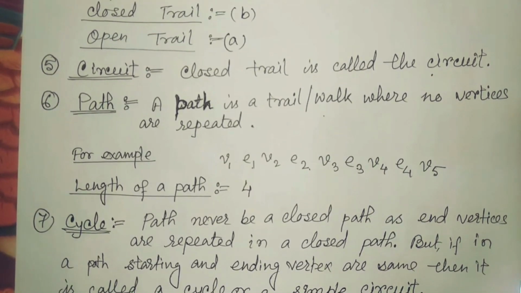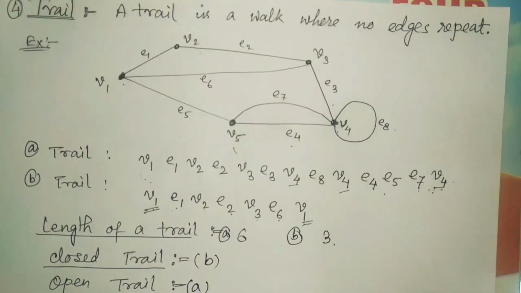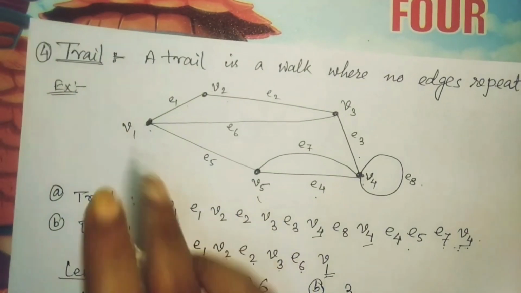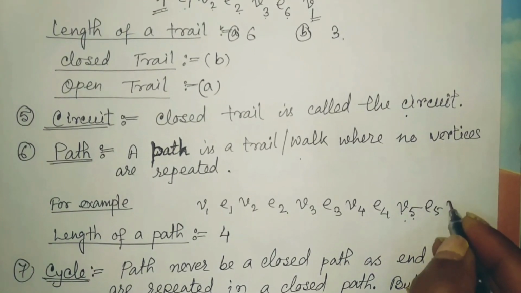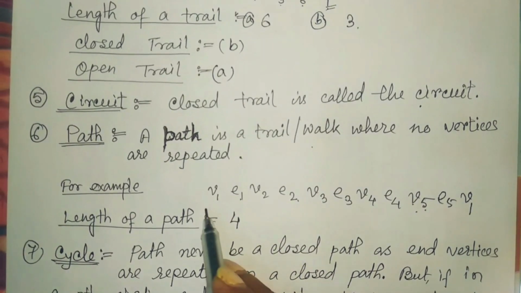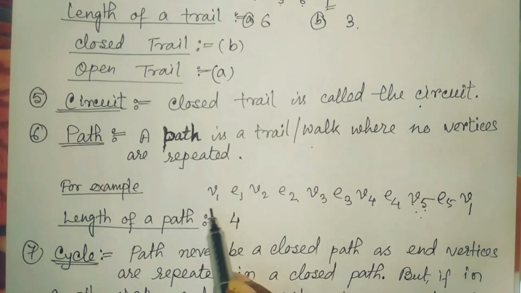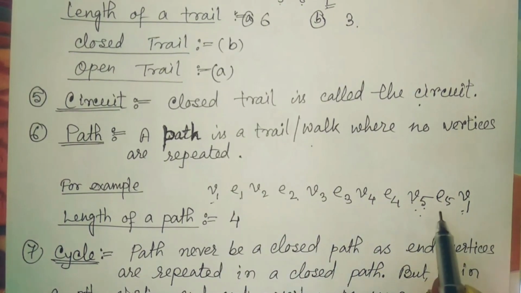So what happens if, for instance, we have the path ending at V5, and after V5 we include E5 and V1? Then all vertices occur exactly once except the vertex V1, which is the end vertex in this entire path.